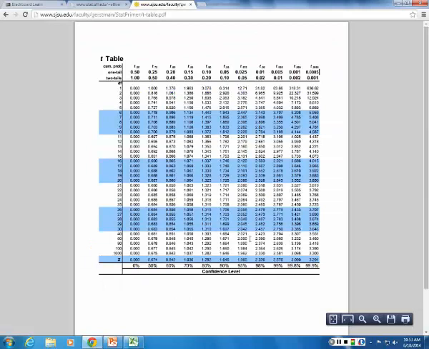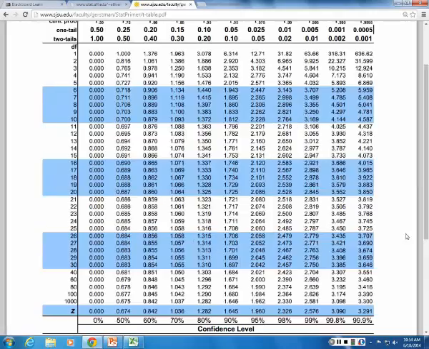So I want 10% in one tail. What's 10% in one tail? 1.282. 10% in one tail, all the way down to the bottom, 1.282. So this is saying that if we were to draw a normal distribution, I want 10% in this tail.